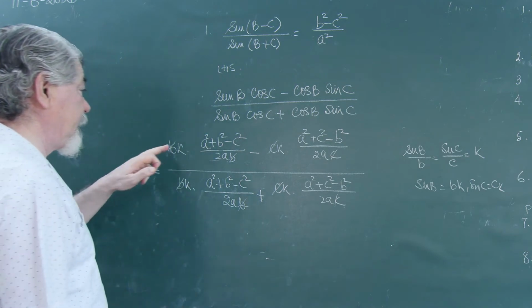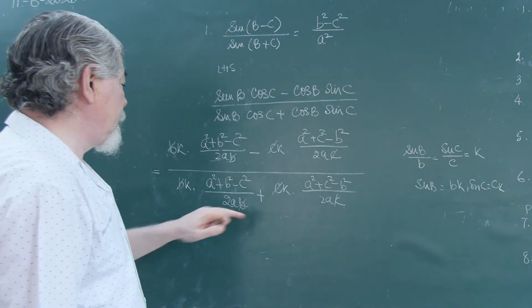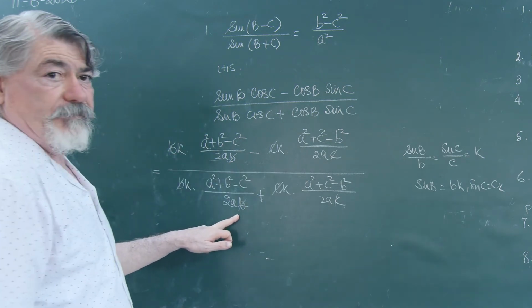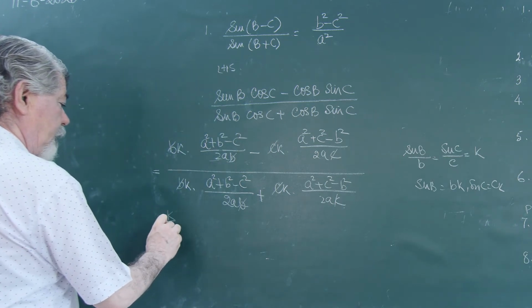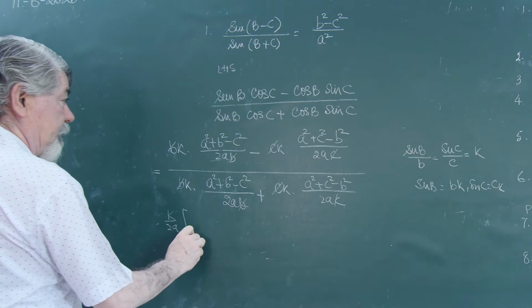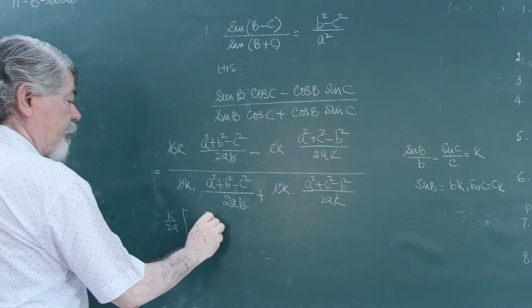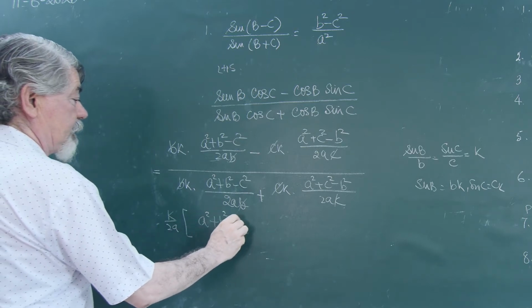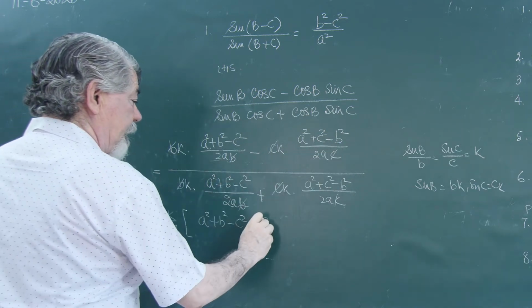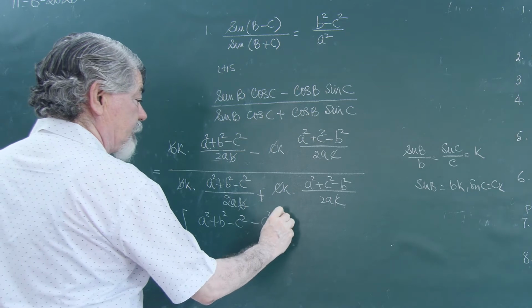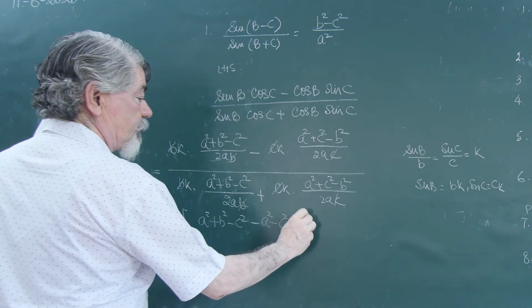So what will be left here? k upon 2a is common in the numerator. And what will be left? a square plus b square minus c square, and this is minus, so signs will change here. It will become minus a square minus c square plus b square.